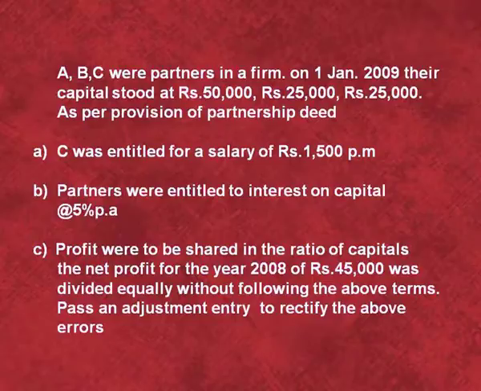Point B, partners were entitled to interest on capital at the rate of 5% per annum. Point C, profit were to be shared in the ratio of capital. Then the net profit for the year 2008 of rupees 45,000 was divided equally without following the above terms. Pass an adjustment entry to rectify the above errors.